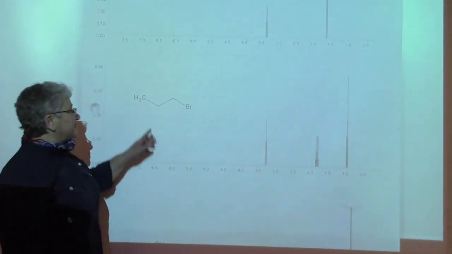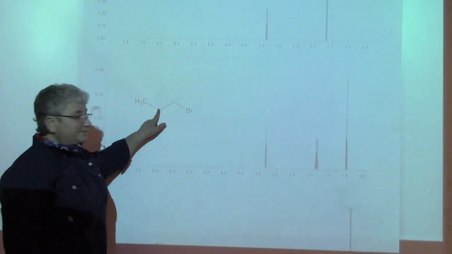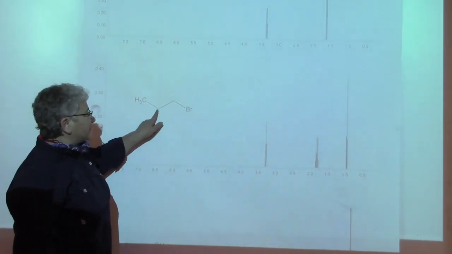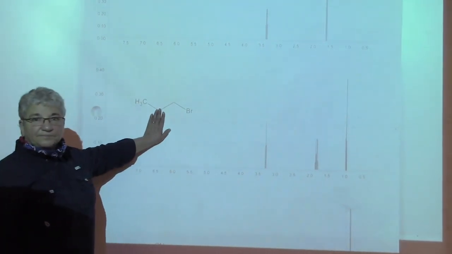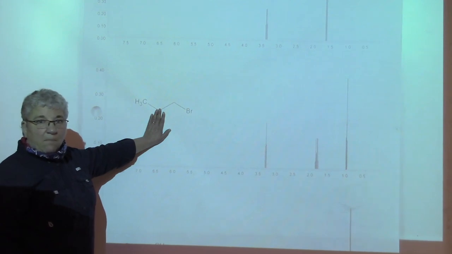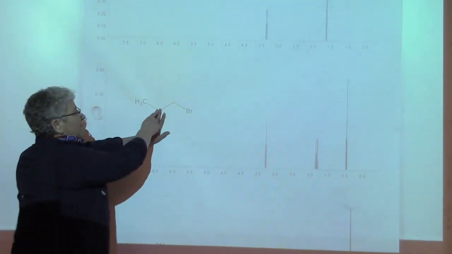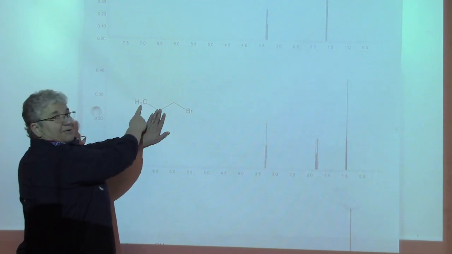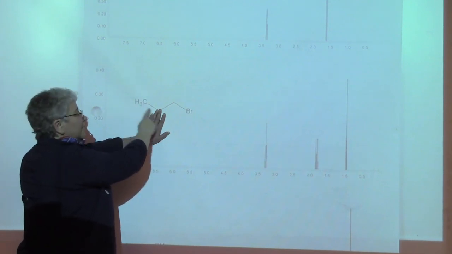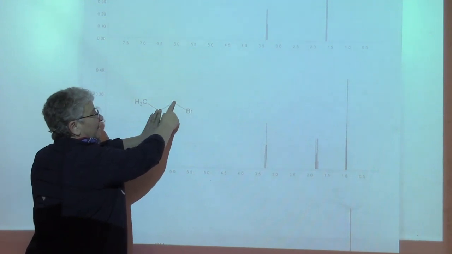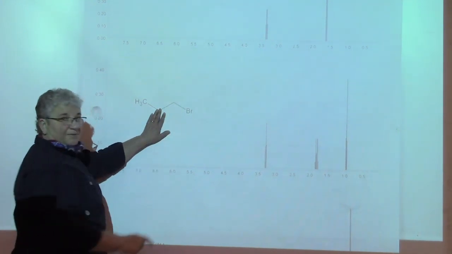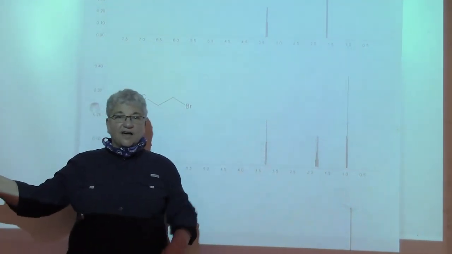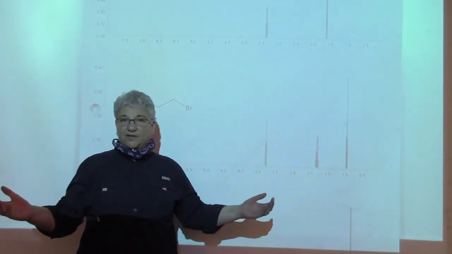Here's where the interesting stuff comes in. Now I'm going to be these center 2 hydrogens. Over here, I have 3 hydrogen neighbors. Over here, I have 2 hydrogen neighbors. So I have 3 on this side of me and 2 on this side of me, right?